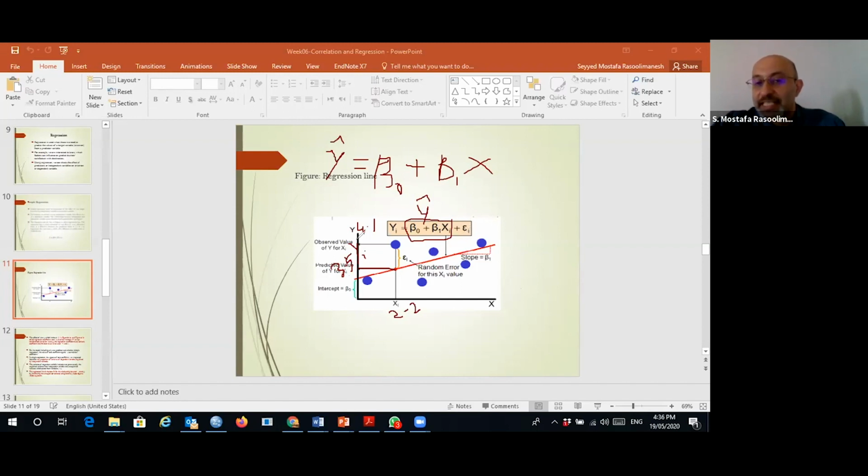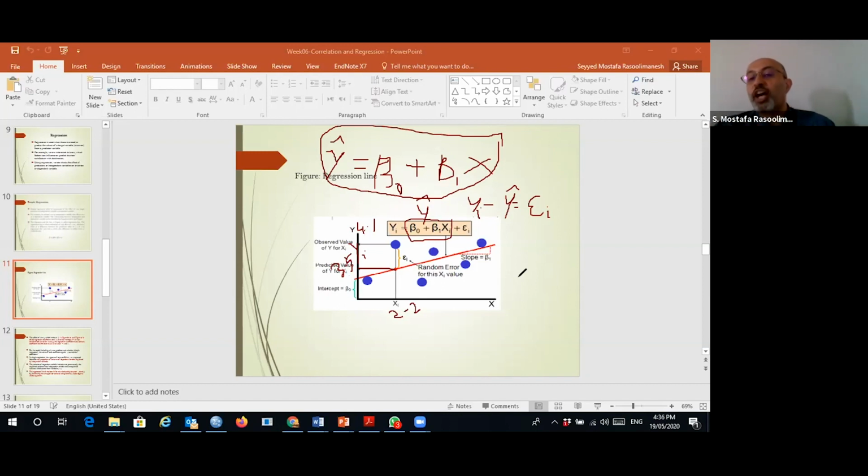This error is the difference between the real y and y from this line, y hat. So this difference, y i minus y hat, is the error. Right? So this is the error term for the regression equation.